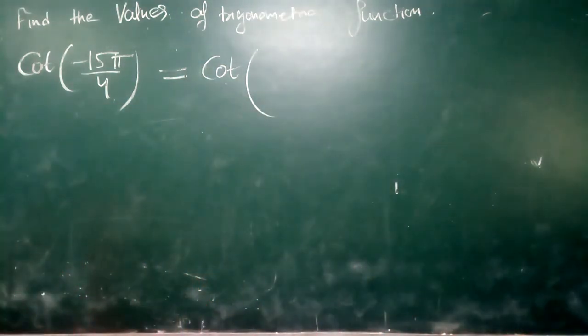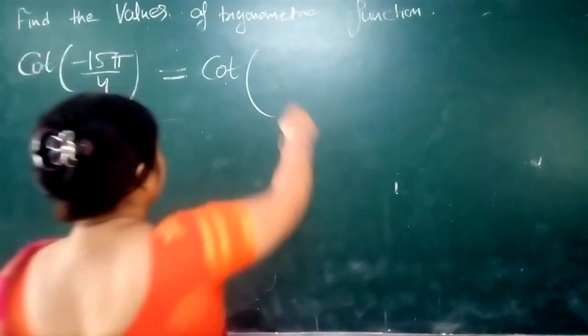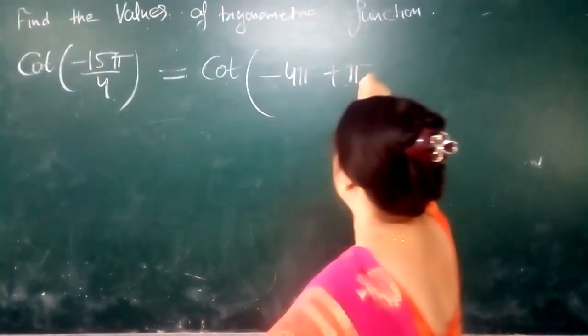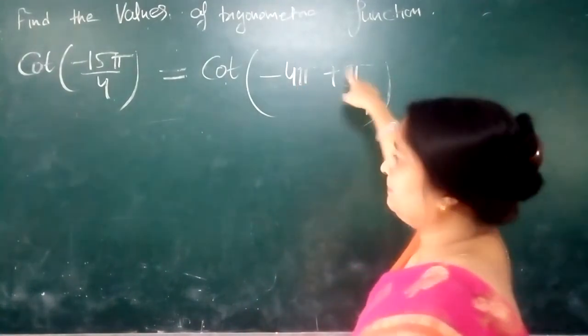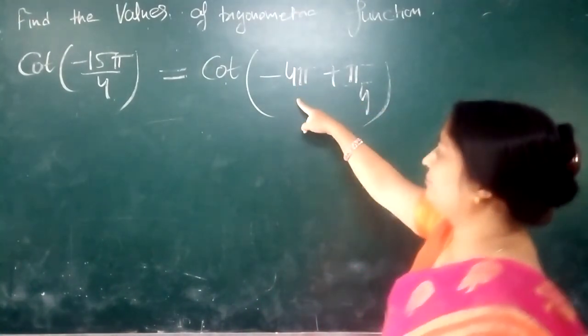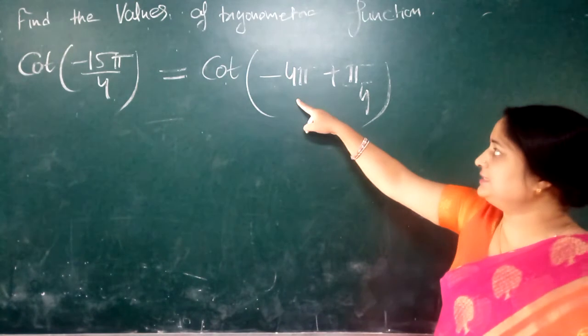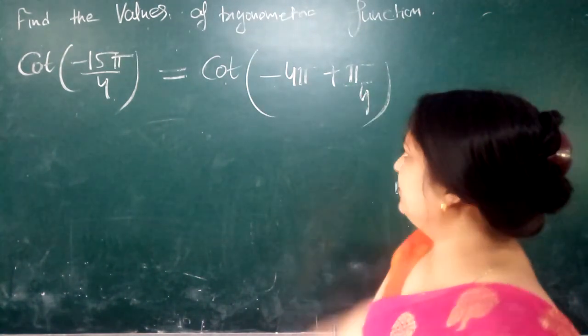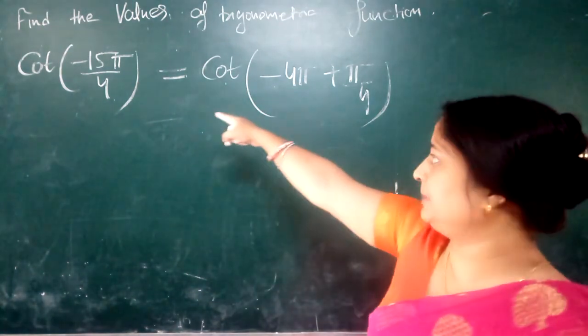We can write this term as minus 4 pi plus pi by 4. Minus 4 pi plus pi by 4, after taking LCM, minus 16 pi plus pi by 4, that is minus 15 pi by 4.